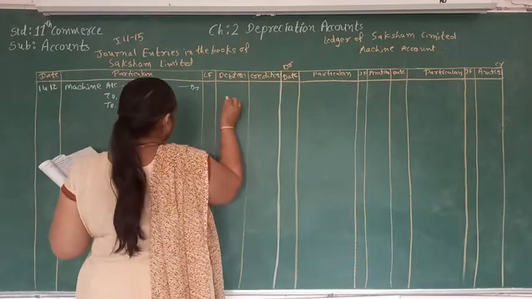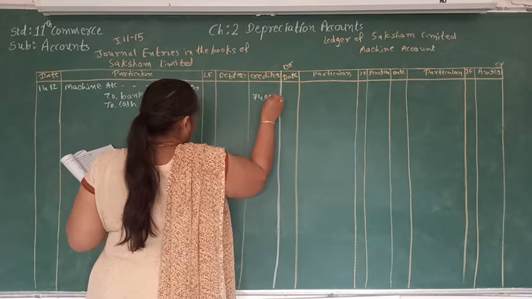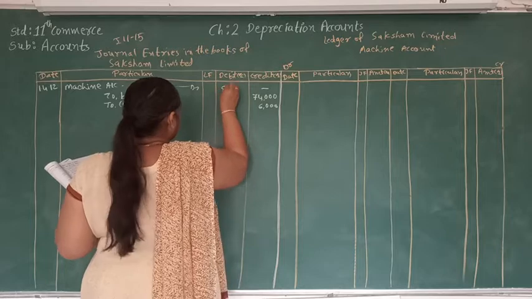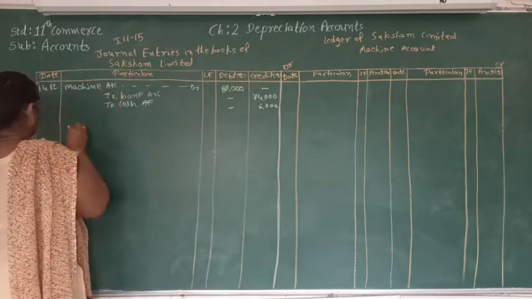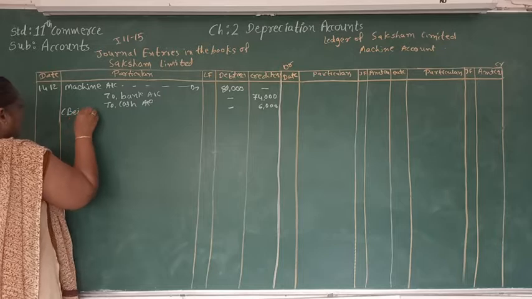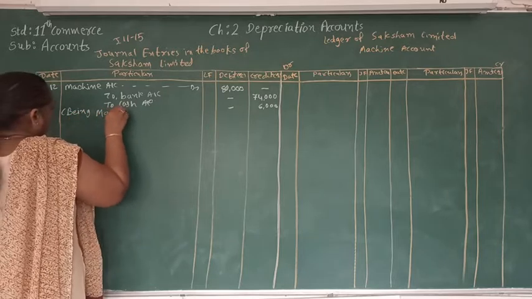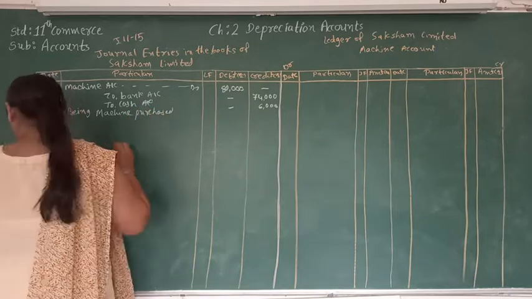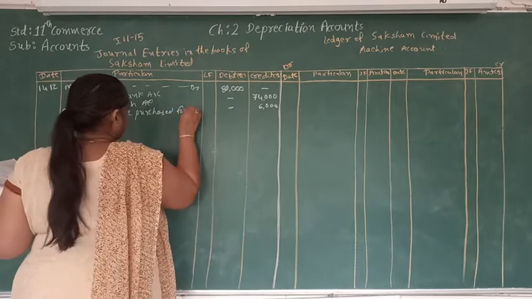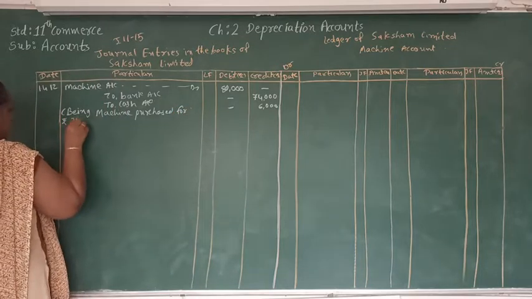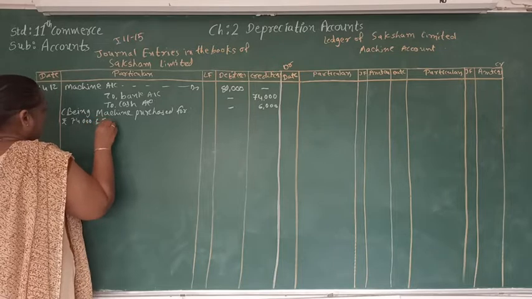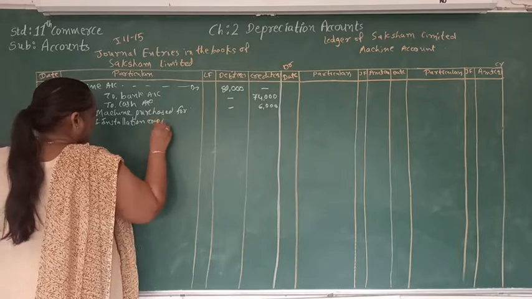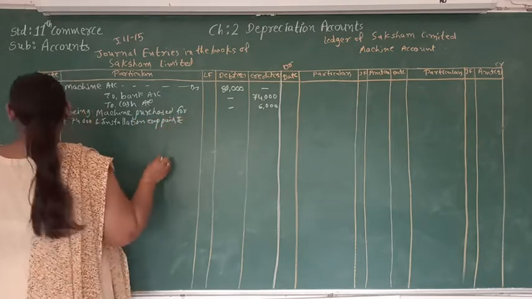Here 74,000 and 6,000, and the total amount is 80,000, being machine purchase for rupees 74,000, and installation expense paid rupees 6,000.